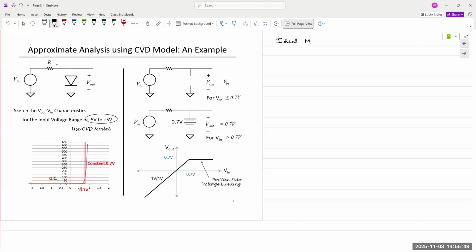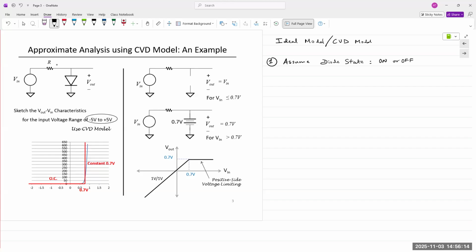Ideal diode model or the CVD model. The first thing to do is to assume a diode state. Is it on or off?